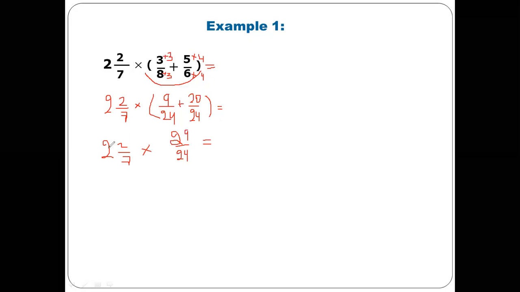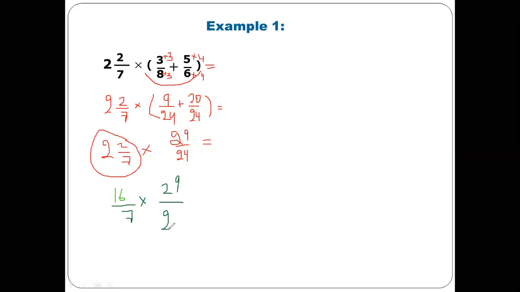In order to multiply these two sides, we have to change the mixed number into a fraction. So 2 times 7 is 14, plus 2 is 16 out of 7, times 29 out of 24.